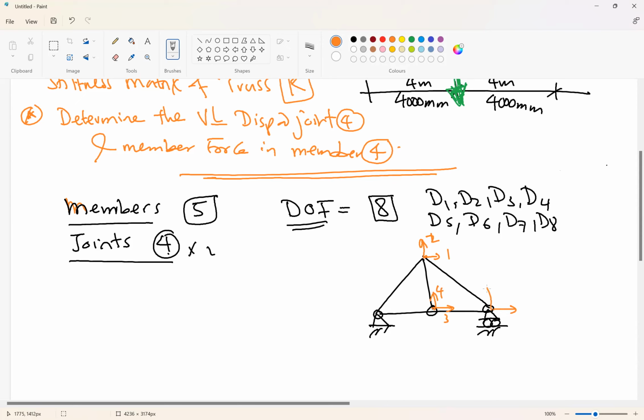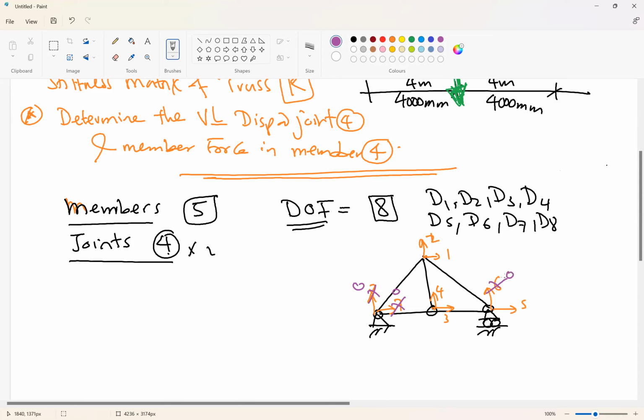If you notice, the numbering starts with the unknown degrees of freedom. From the boundary conditions, these two are 0 because the hinge prevents vertical and horizontal displacement.